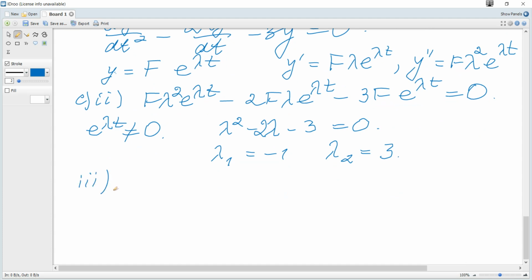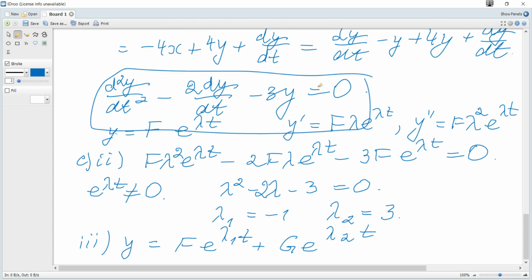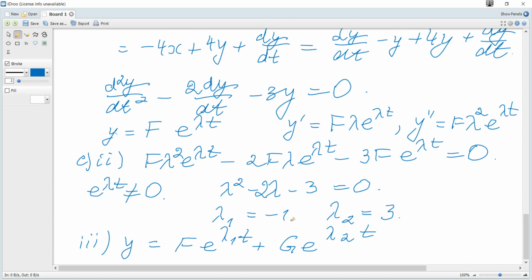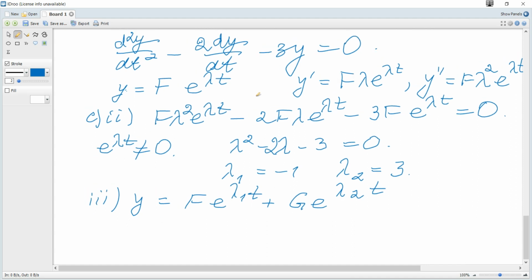Next, for marks, verify that y is f e to the power of lambda1 t plus g e to the power of lambda2 t is a solution to the differential equation in C(i), it's this one, where g is the constant. So we need to just substitute this expression for y into this equation and show that it is true.